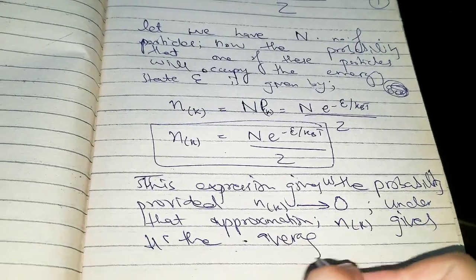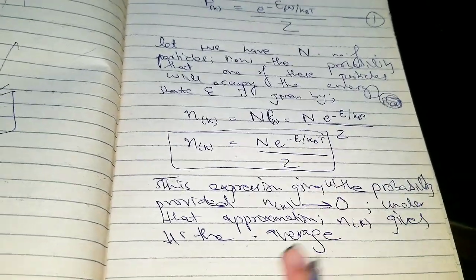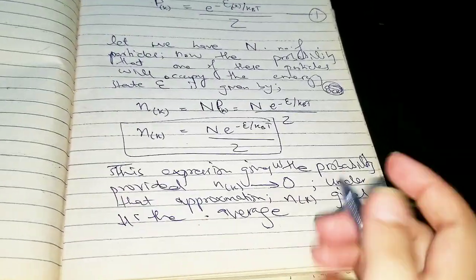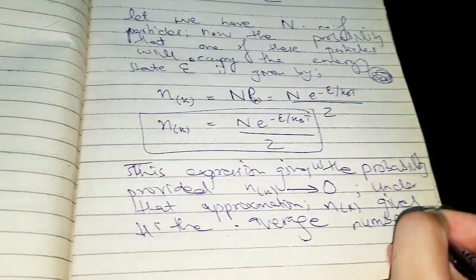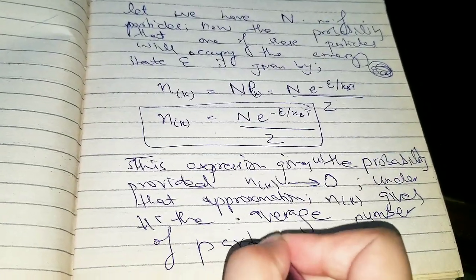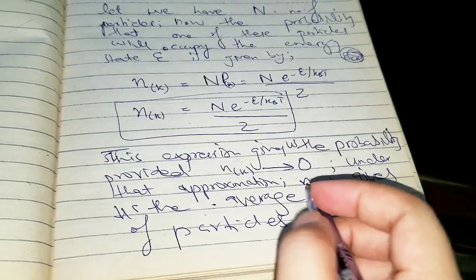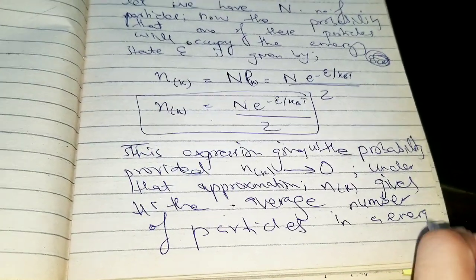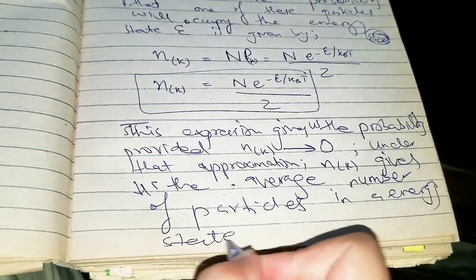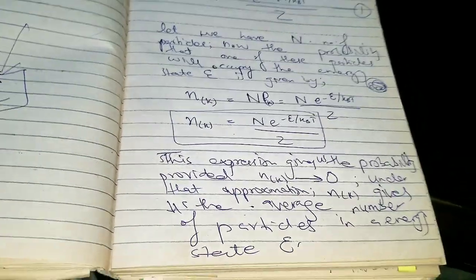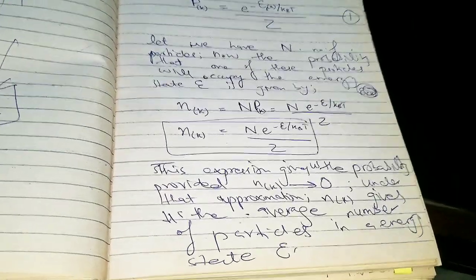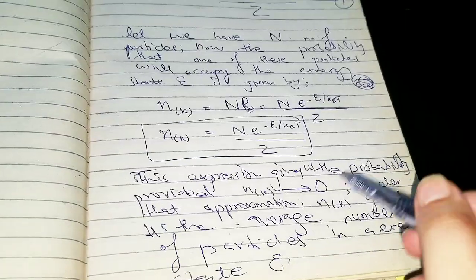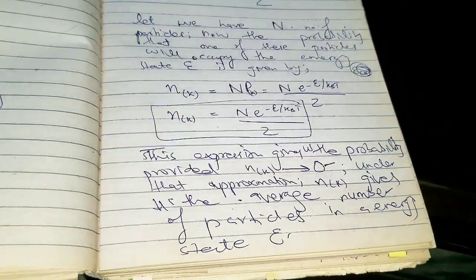There is another meaning that can be given to this expression under that classical approximation: mathematically it would equal the average number of particles in an energy state E. Okay, if you separately find the expression for the average number of particles in energy state E and put that approximation on it, you will get this expression.